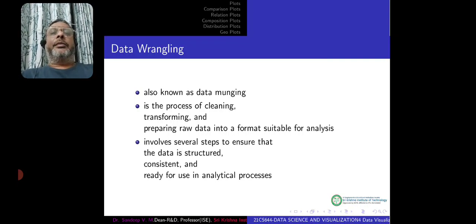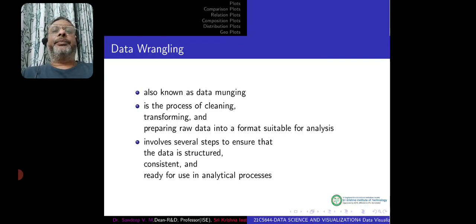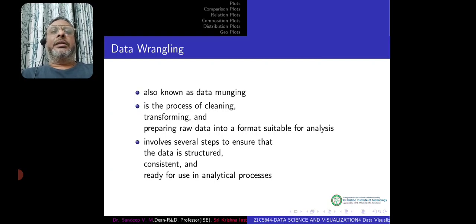But the problem here is the data may not be in the required format, may not be well structured, may not be consistent, because we are now collecting data from various sources, so that all the data we require is collected.